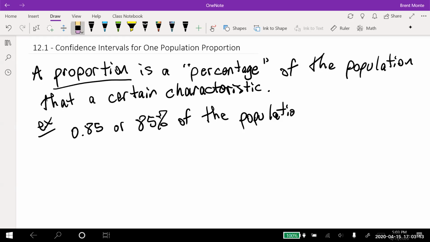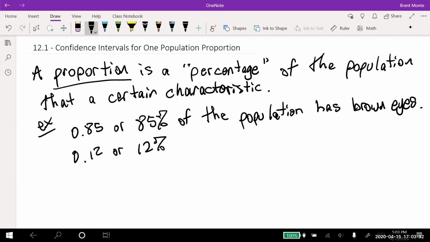Let's clean that up a little bit. So that would be an example, or maybe we'd say 0.12 or 12% of the population is left-handed.